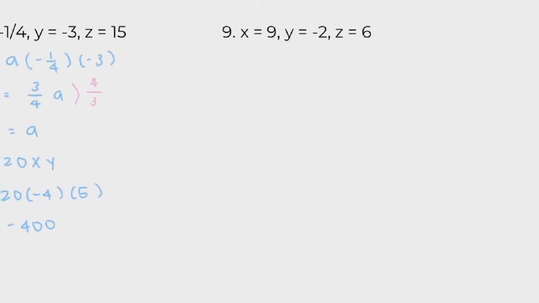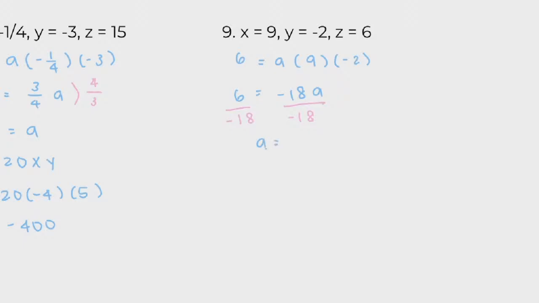Okay, and for the last one, we have 6 equals a times 9 times negative 2. So that's negative 18a. And then to solve for a, we have to divide by negative 18.